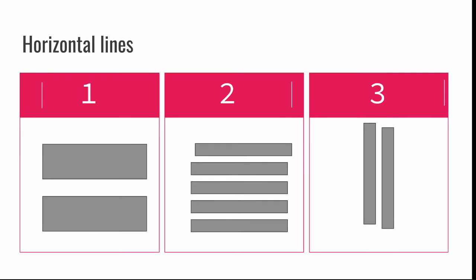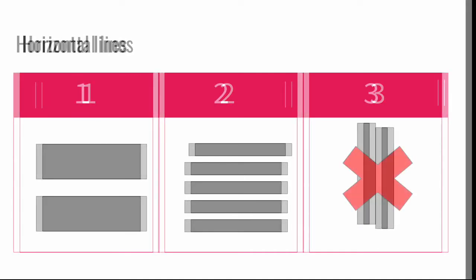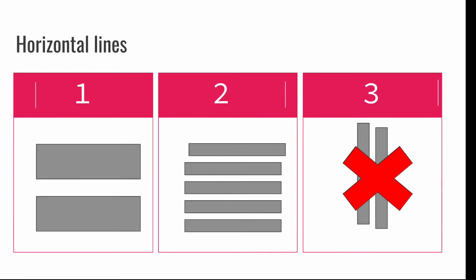Horizontal lines. 2 of the choices below are horizontal lines and 1 is a fake. What number is above the fake? If you chose number 3, you're right. Number 3 has vertical lines.